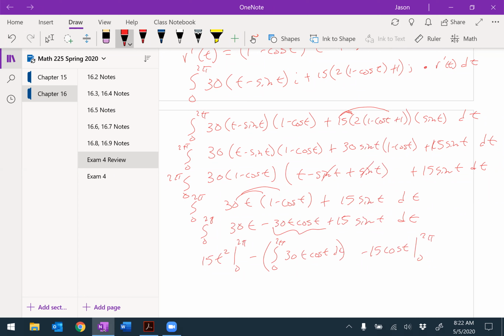Well, there's a dt here, because I haven't integrated that.